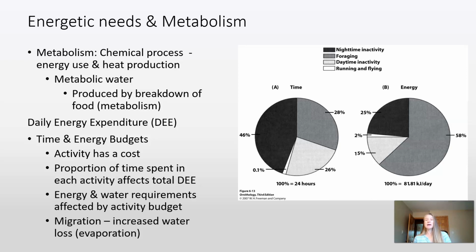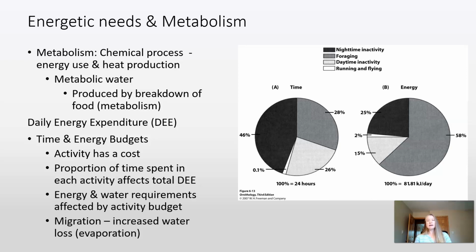We can talk about how much energy you need and how much water you produce by looking at your activity budgets. Your daily energy expenditure is everything that you spend energy on throughout the day. So we can think about time and energy budgets. What do you spend your time doing? How much time do you spend in different activities? Each activity is going to have a cost.